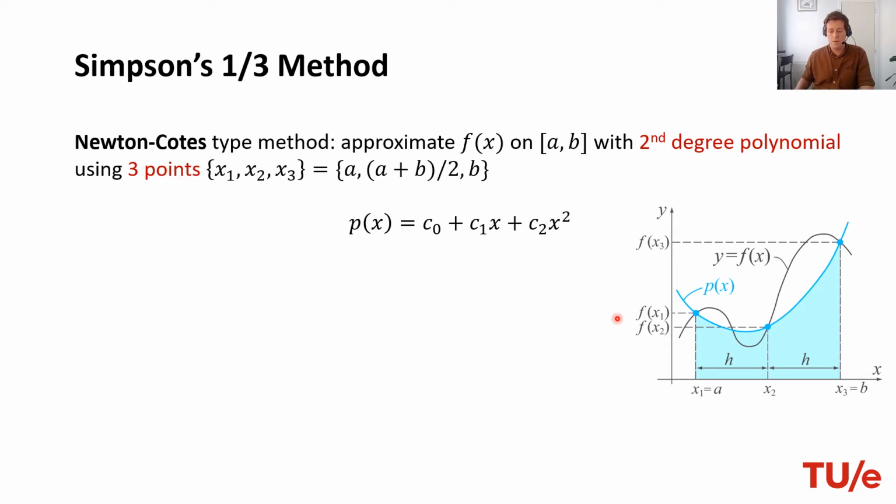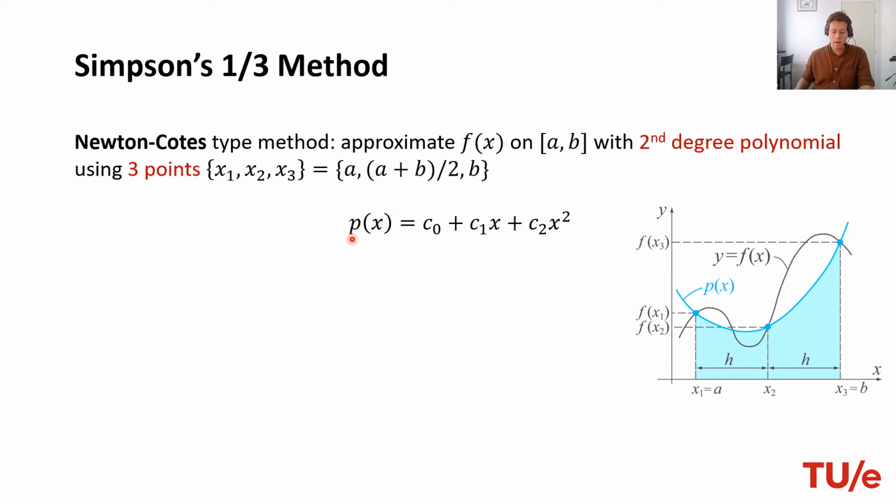And what we do is we fit a second degree polynomial, so that's a quadratic polynomial or a parabola, here indicated by this light blue line. We fit a parabola to the function f of x, which in this case is clearly not a parabola. And we use these 3 points, so that's the left-hand side, the right-hand side, and the midpoint in between.